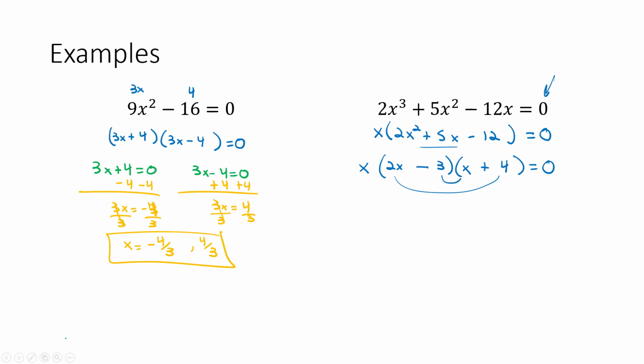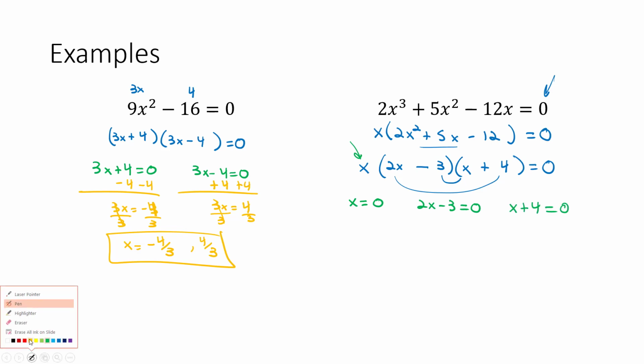And once it's factored, we can set each factor equal to 0. Don't forget about the GCF. He's a factor. x equals 0. 2x minus 3 equals 0. And x plus 4 equals 0. From here, we can solve each of these really quick. x equals 0 is already solved for us. The second equation, 2x minus 3, we'll add 3 to both sides, giving us 2x equals 3.